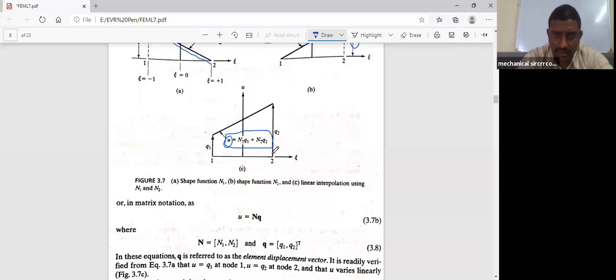Similarly, at node 2, N1 is equal to 0 and N2 is equal to 1, therefore u is equal to q2. In between node 1 and 2, the deformation also varies linearly.